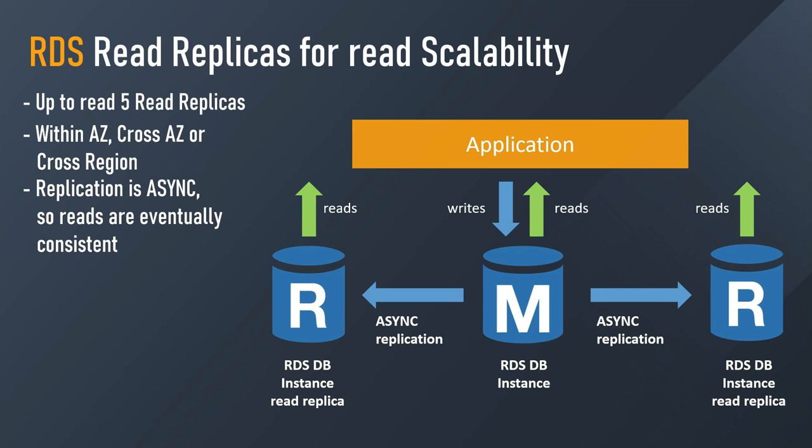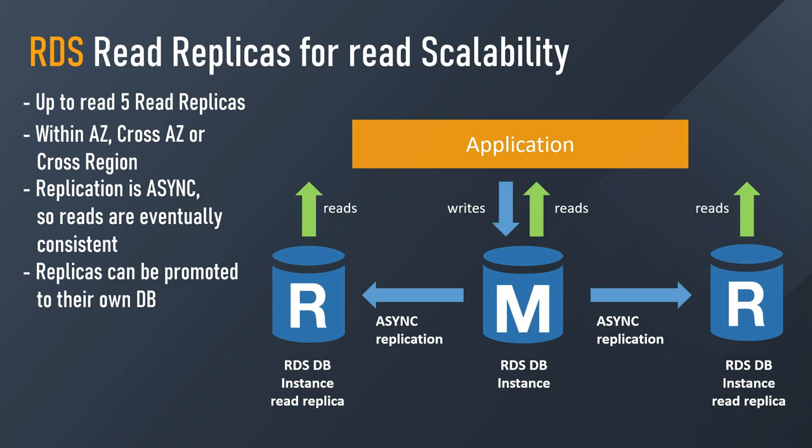And these replicas can be awesome for scaling reads, but they can also be promoted to their own database. So you can take one of these replicas and say, okay, I want it to be its own database now, and take writes. And so you promote it to its own database.